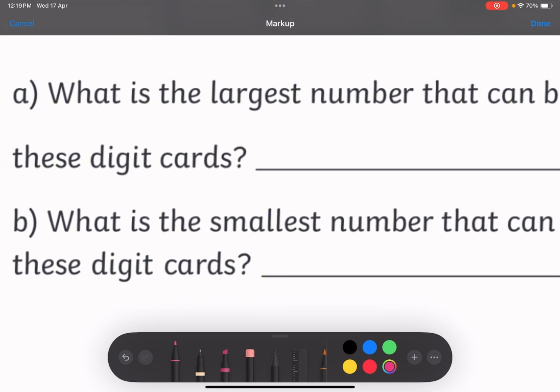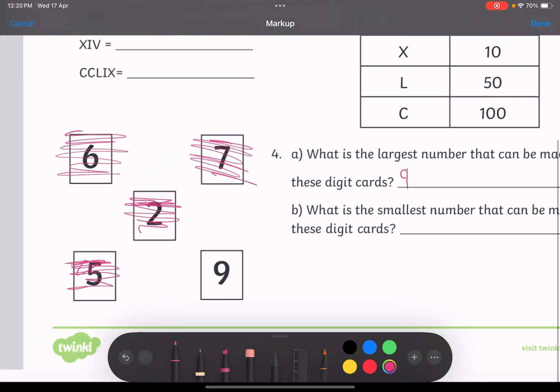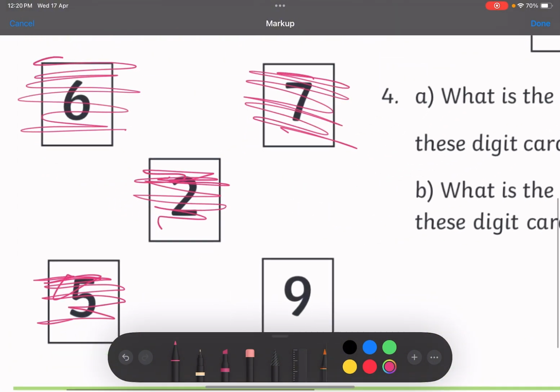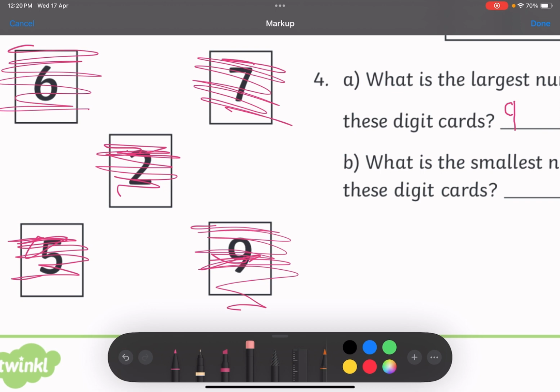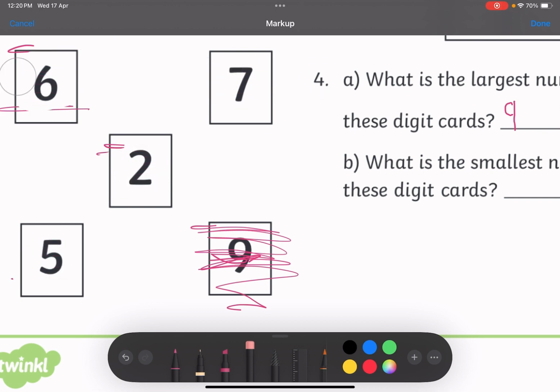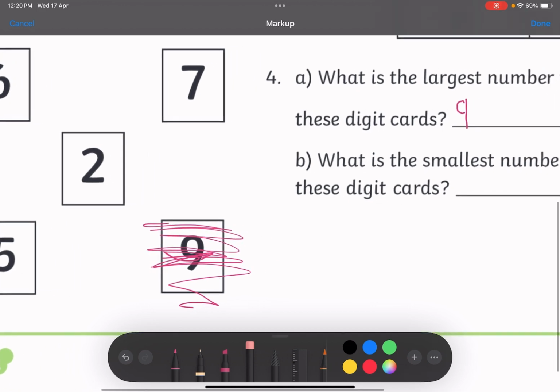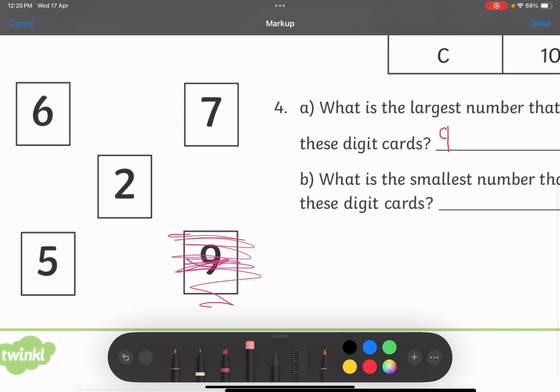So you put 9 here. Then cross 9 out because we already finished. Then what's after 9? What's the second biggest?